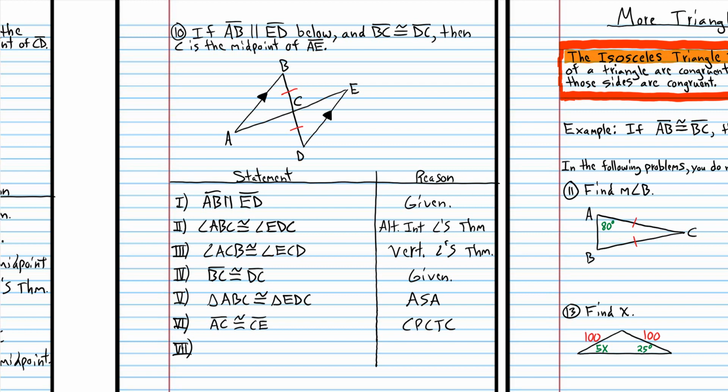Corresponding parts of congruent triangles are congruent. And now we can say that C is the midpoint of AE, and that is just the definition of midpoint.